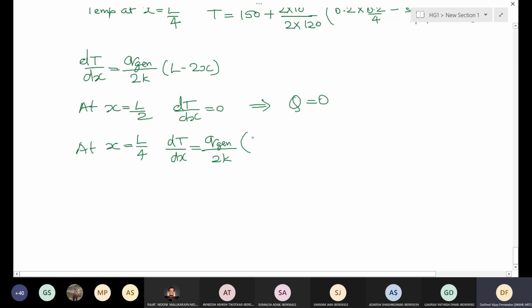L minus 2 into L by 4. So that is Q generation divided by 4K into L, that is 2 into 10 to the power 6 into L, that is 0.2, divided by 4 into 120.